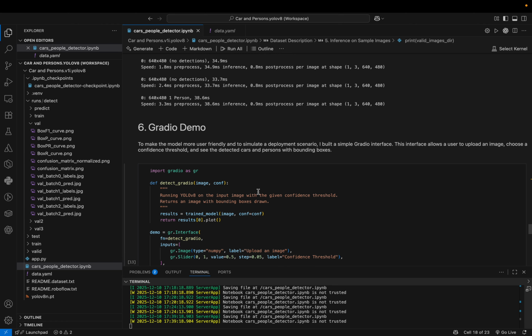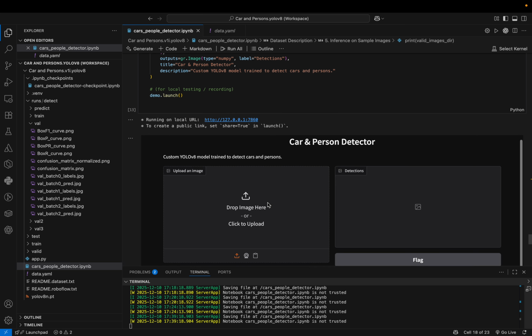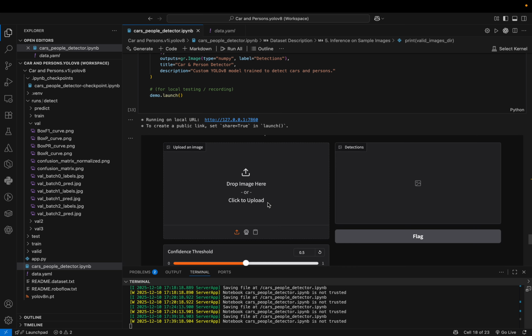I also went ahead and created a Gradio demo interface, and I'm going to upload some images.